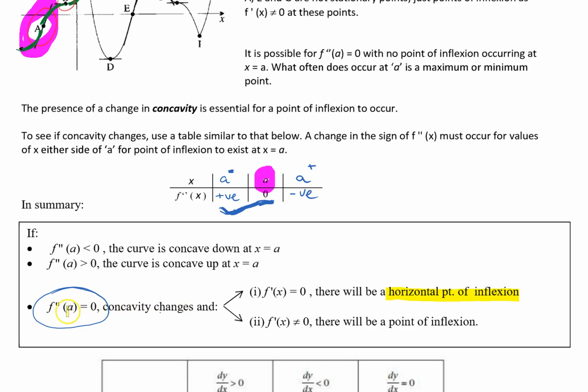But if we had second derivative equal to 0, concavity changed, and only the first derivative wasn't equal to 0, it's just simply called a point of inflection.